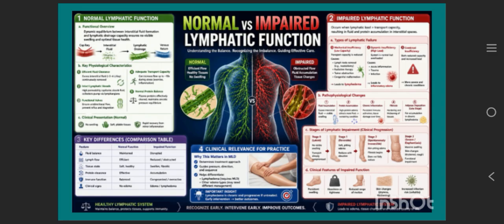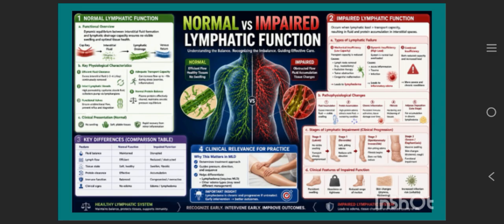The third pathophysiological change is chronic inflammation. Here, first, chronic inflammation may include persistent immune activation. Secondly, tissue damage over time. The fourth change is fibrosis. Here, hardening and thickening of tissues occurs, with reduced elasticity.